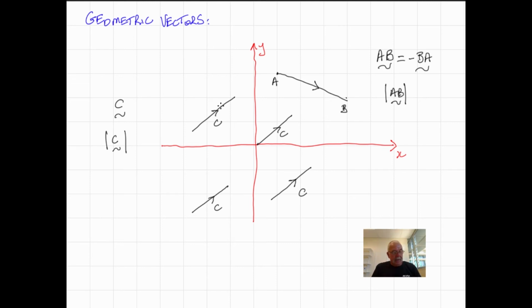So we've talked about equal vectors. All these vectors here are C. We could have a vector down here, starting here. Try and draw it parallel to there, to AB. So we'll call that capital C and D, and going like that.